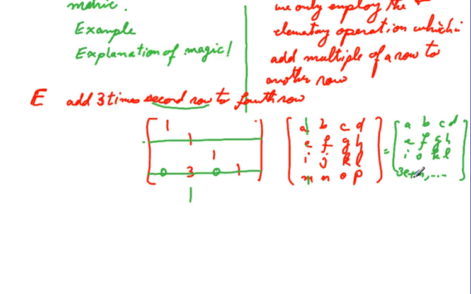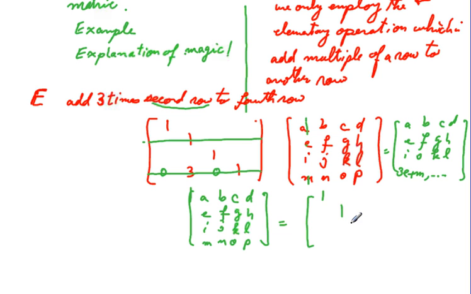Now if I want to undo this, that is, take that matrix and bring it back to the original form that it had, what do I do? I'm talking about the inverse of this matrix. The inverse is very easy.